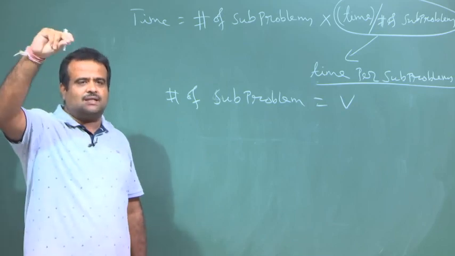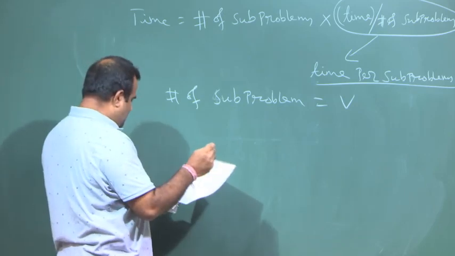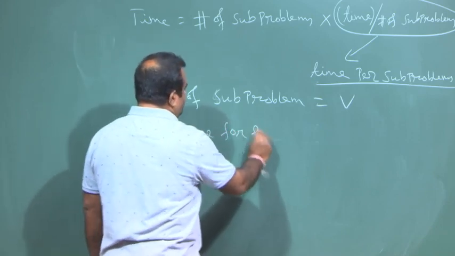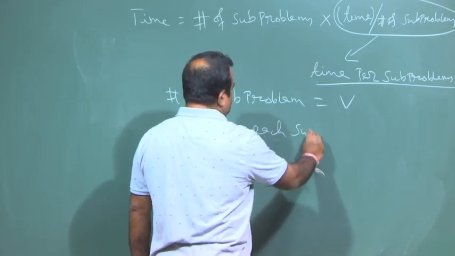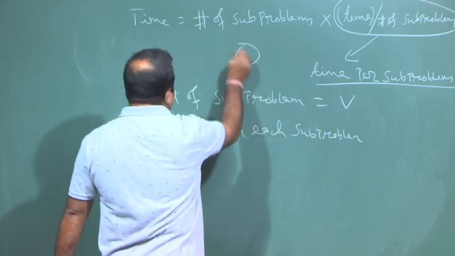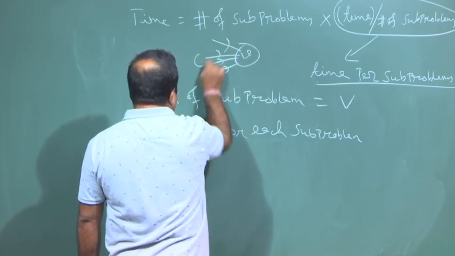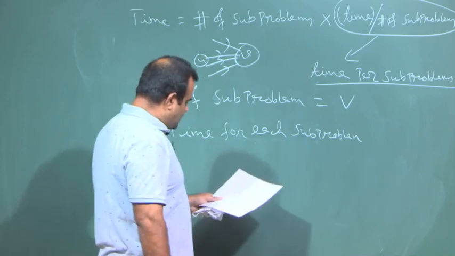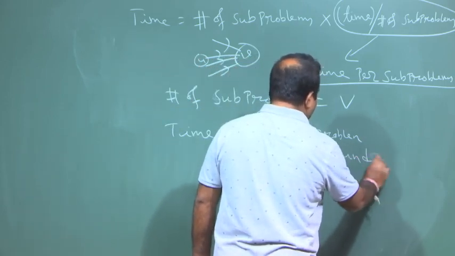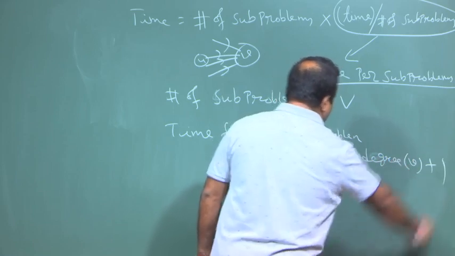How many guesses are there? The exhaustive search we are doing, so basically the time for each sub problem is the possibilities, so this is basically in-degree of V plus 1.